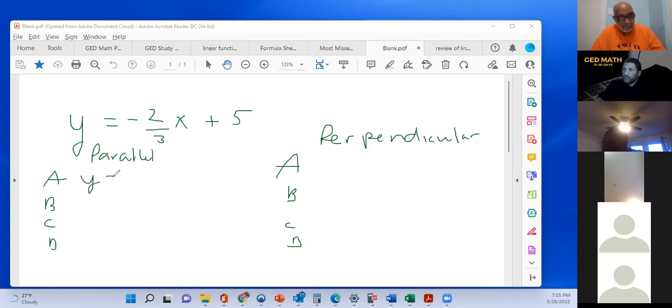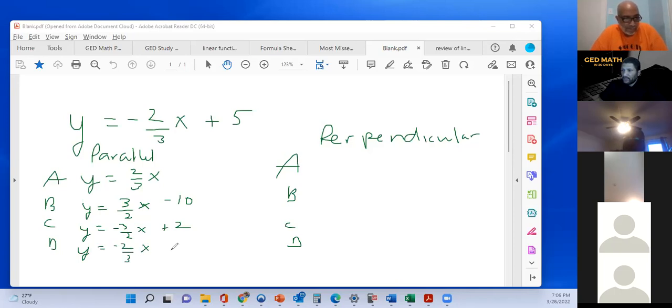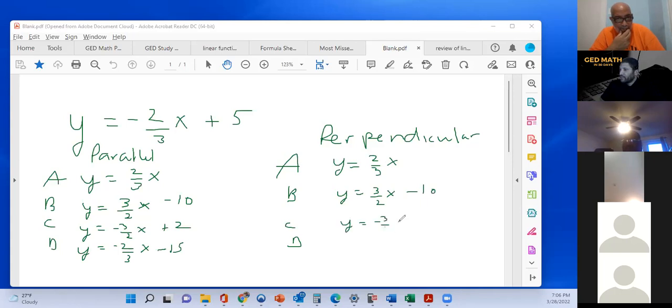So the options are: y equal 2/3 x, y equal 3/2 x minus 10, y equal -3/2 x plus 2, y equal -2/3 x minus 15.